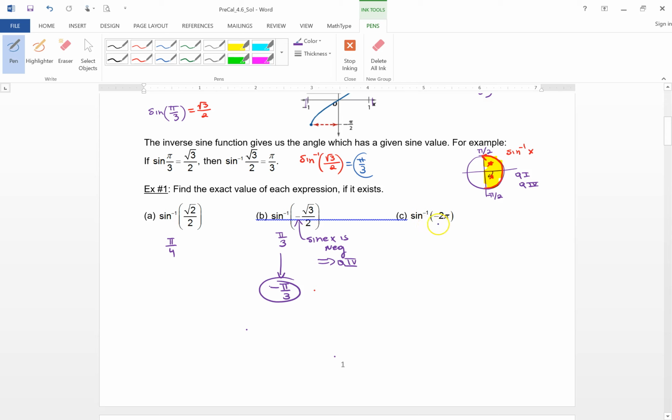Okay, now look. Here we have inverse sine of negative 2 pi. Okay? What's the domain for the inverse sine? What did we say the domain was? Negative 1 to 1, right? How much is negative 2 pi? Negative 2 pi is negative 6.28.